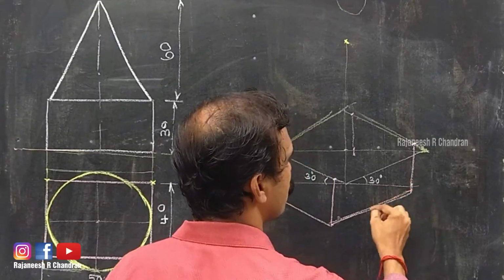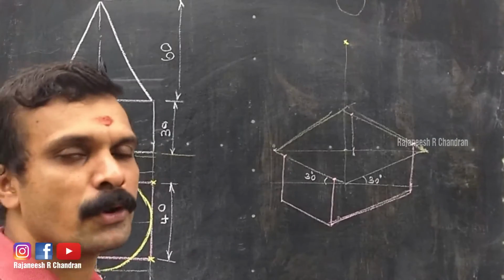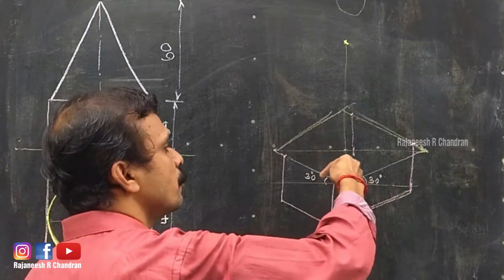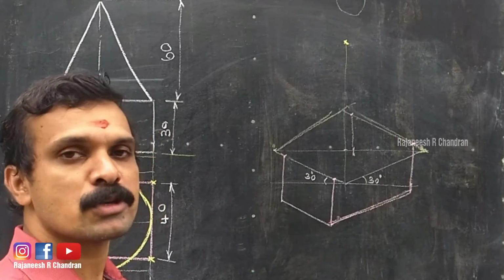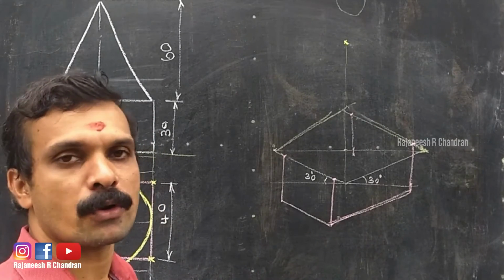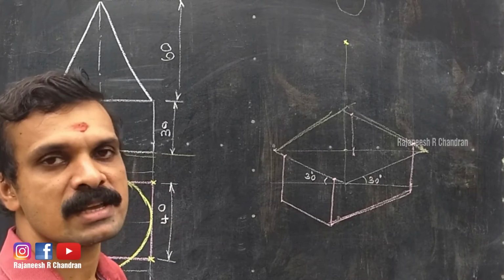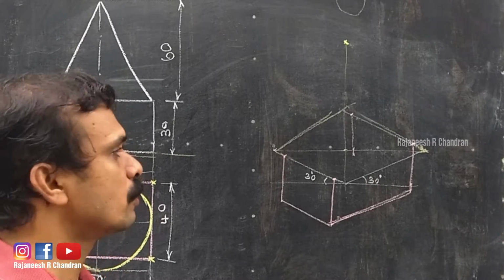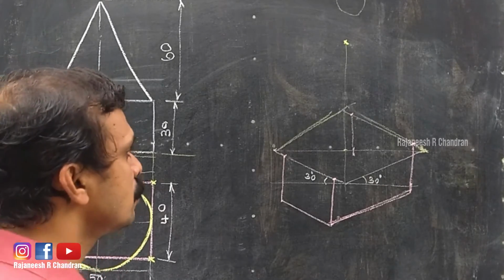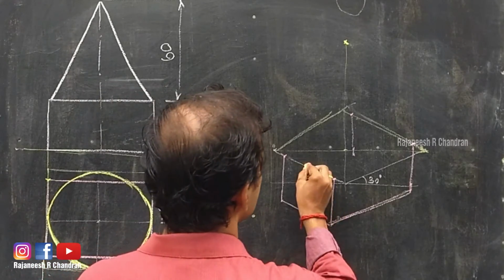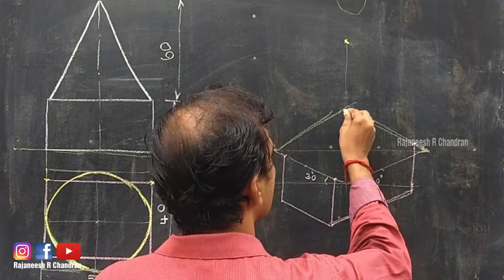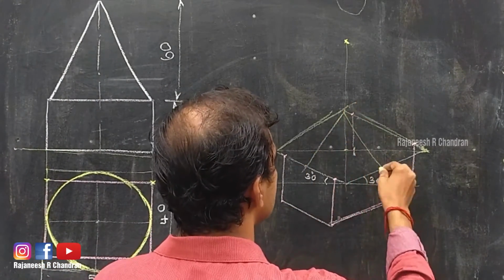Before drawing the top of the rectangular block, we have to complete the ellipse of the isometric view of the base of the cone, that is the isometric view of the circle of the cone. How can we complete it? Using the 4 center method. So this will be the midpoint, this will be the midpoint, this is the obtuse angle.